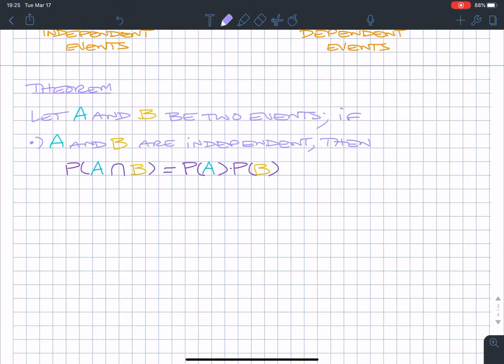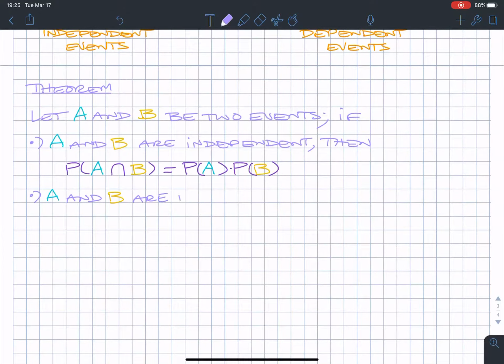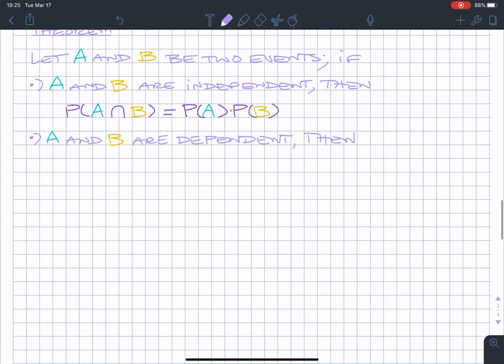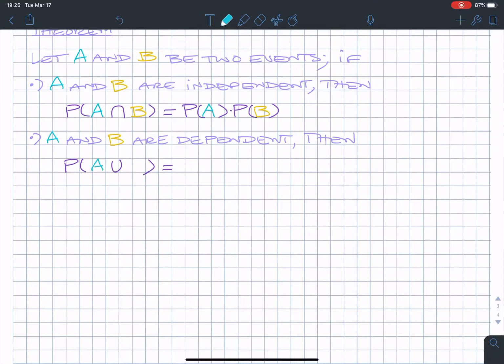In the second case, if A and B are dependent, then the union, the probability of the union of A and B, is going to be the probability of A or B. Actually, you know what?